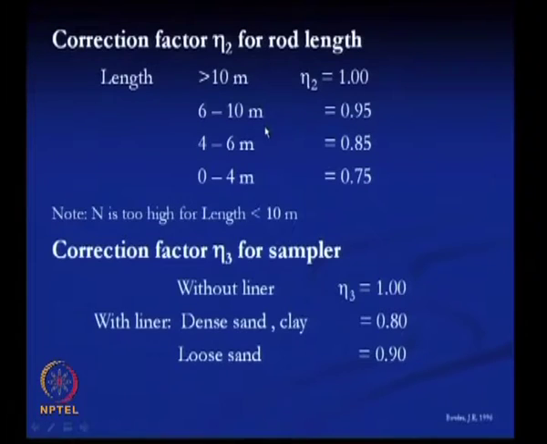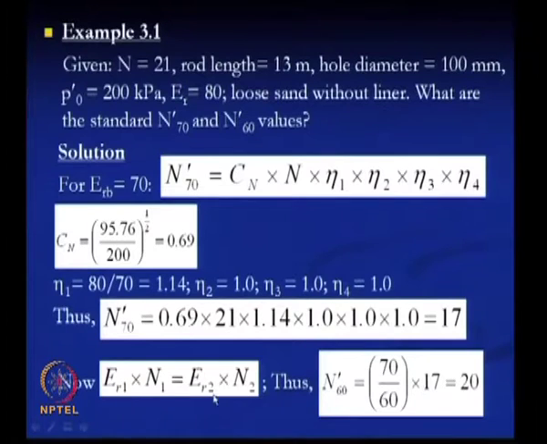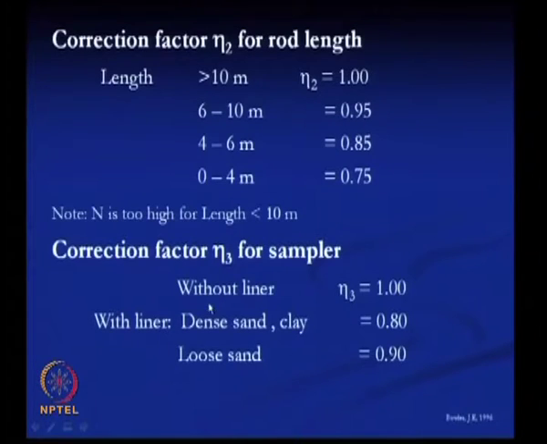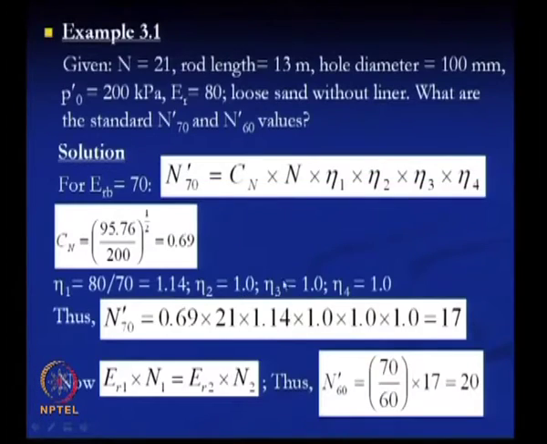From this chart we can see if the rod length is greater than 10, then this correction factor value will be 1. So, our correction factor due to the rod length is 1. Again, for the sampler, it is without liner, so the correction factor without liner is 1. So, we can write this correction factor for the sampler is 1.